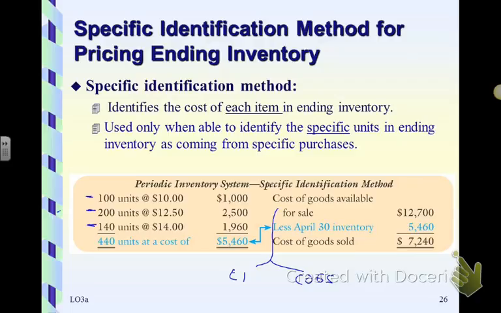I'm reading literally from the middle of page 300. It says it can only be used when possible to identify the ending inventory as specific items. For instance, on April 30th, the ending inventory consisted of, so it's telling me what was in my ending inventory.